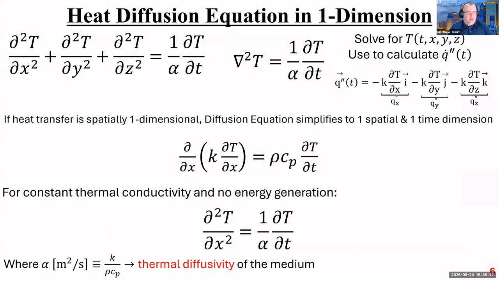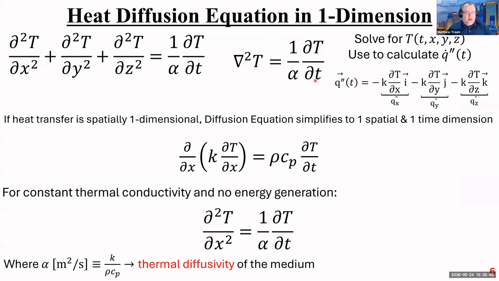As alluded to in the previous slide, and now done more formally here, we can simplify this if we imagine heat transfer processes occurring in a single direction, so one-dimensional heat transfer. So I'm going to take my original diffusion equation without the generation term.